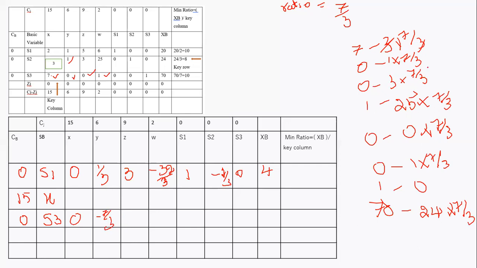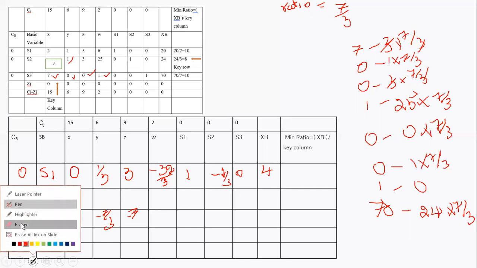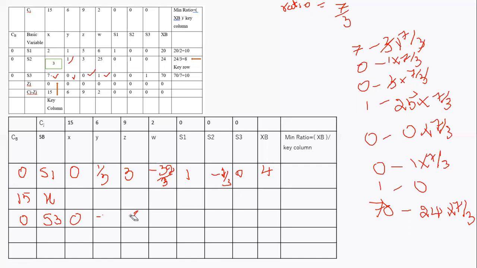So similarly 3 will get cancelled. So therefore we'll be having minus 7. So we'll be having 0 minus 7/3, and then minus 7, and then minus 172 divided by 3.